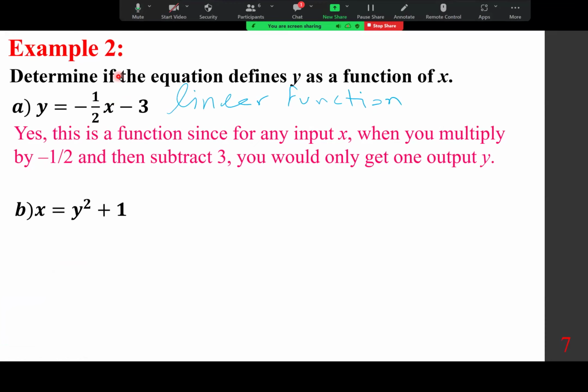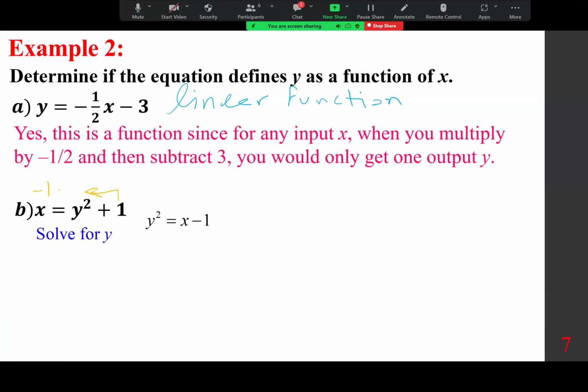X equals y squared plus 1. So the best course of action is to solve for y. I can move the 1 to the other side, so y squared becomes x minus 1.